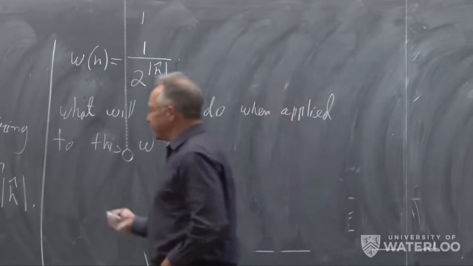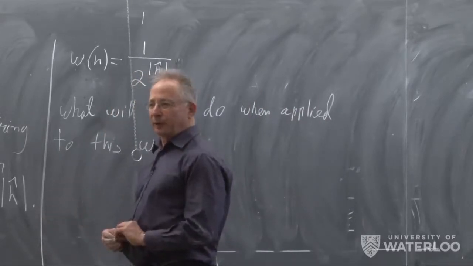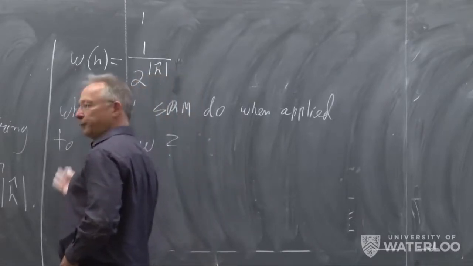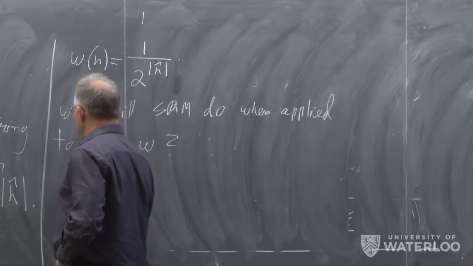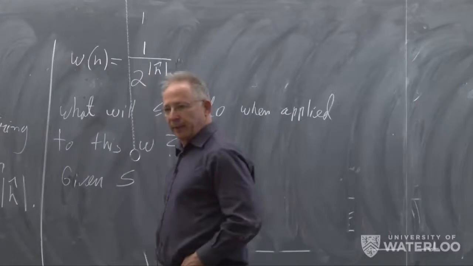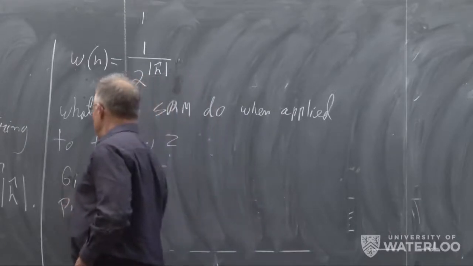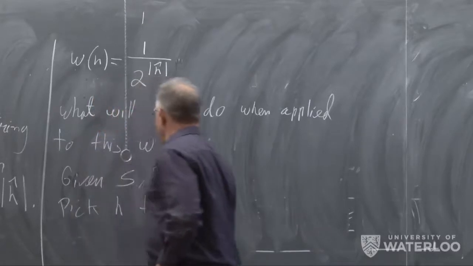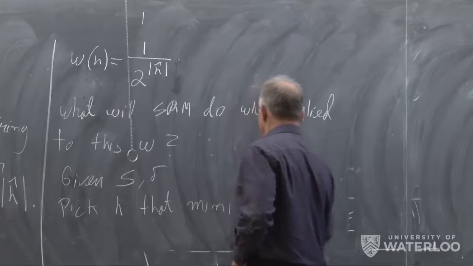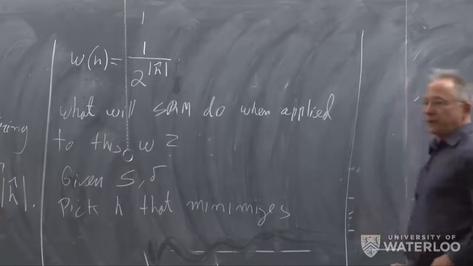Right. Without getting into the calculation, it will turn out, if we do the calculation, that given a training sample S and given delta, it will just pick H that minimizes. We need some calculation to get to this formula, but let me skip it and just give you the formula.